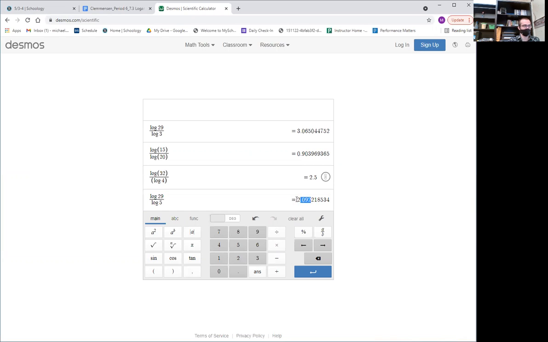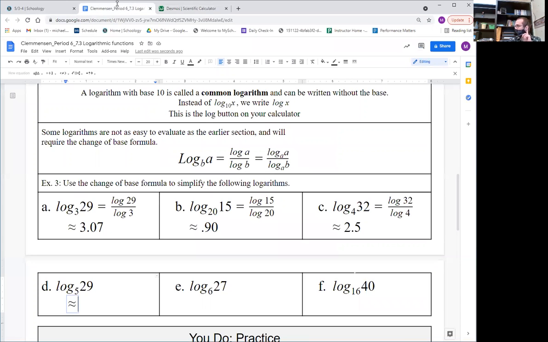If I rounded that, what does that become? So it's 2.092. How would I round that to 2 decimal places?